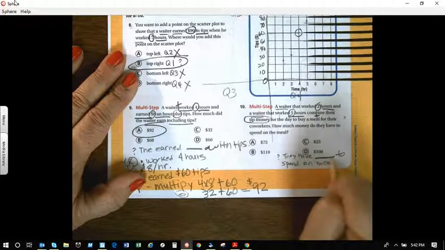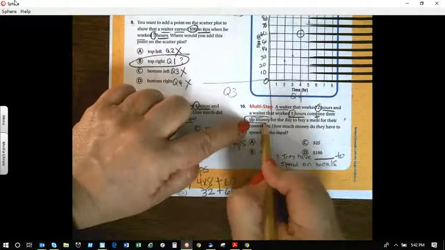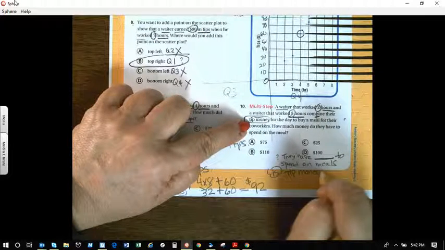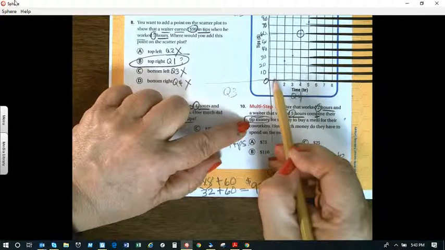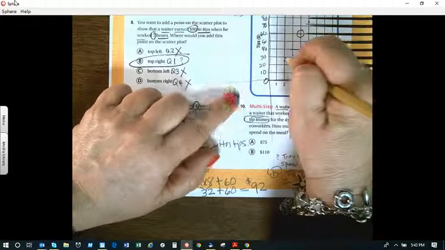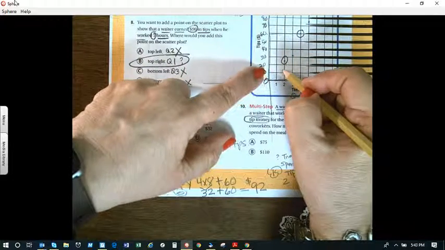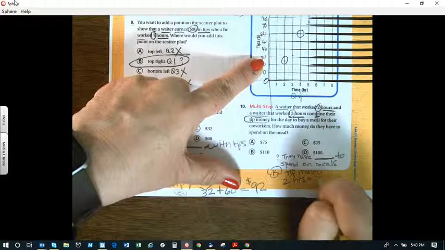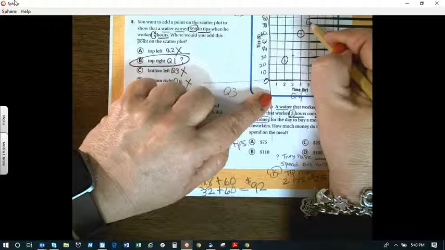Now I have to go back to what I know. Well, here it's talking about tip money. The first waiter worked 2 hours, so I'm going over to my chart. For 2 hours, they earned, okay, now look at this. It's in between. So I have 10, 15, 20, 25. 2 hours equals $25. 5 hours, I'm going over to my 5, going all the way up to the top, $75.